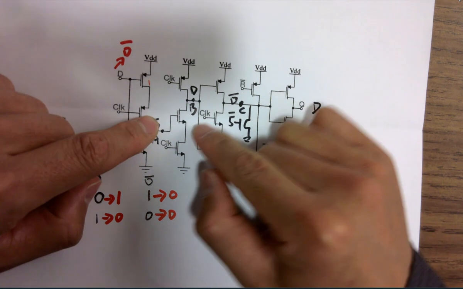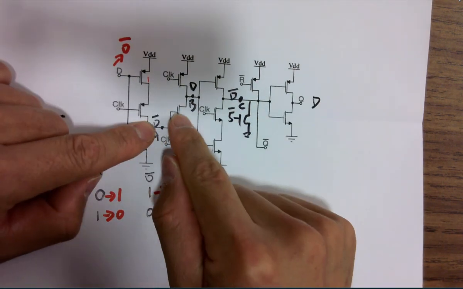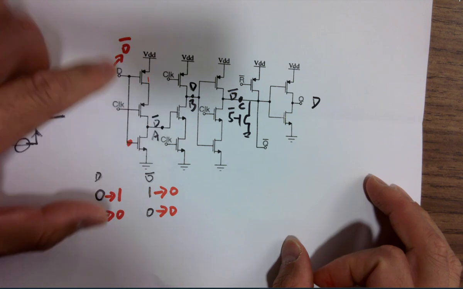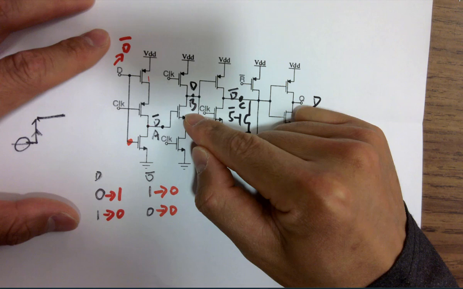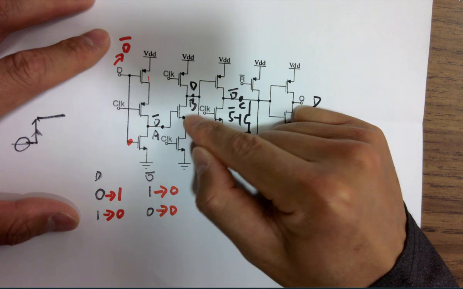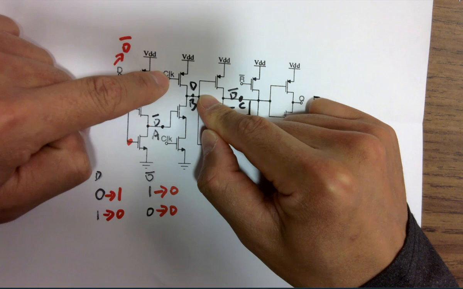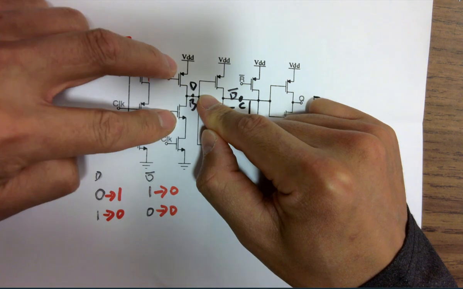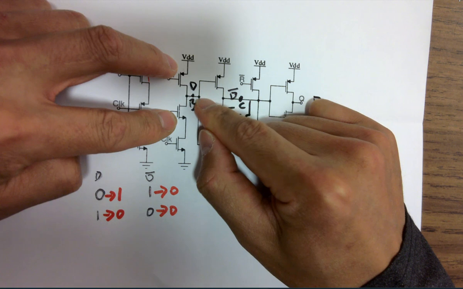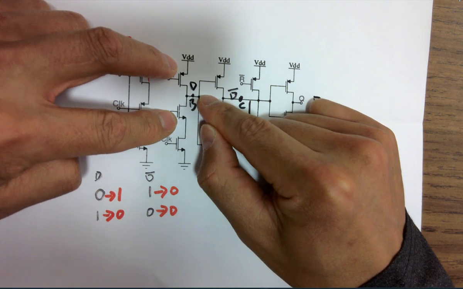So what's going to happen to the following nodes, though? Eventually the conclusion is that this NMOS will be turned off. And what about this guy? When clock is 1, this PMOS is off as well, and this is off. So it's being disconnected from both sides, and it will remain the same. It will be held by all these parasitic capacitors.